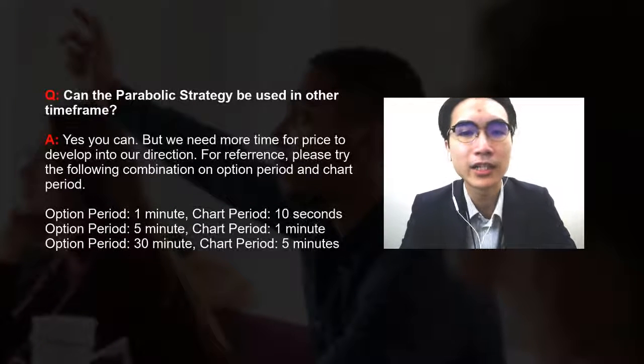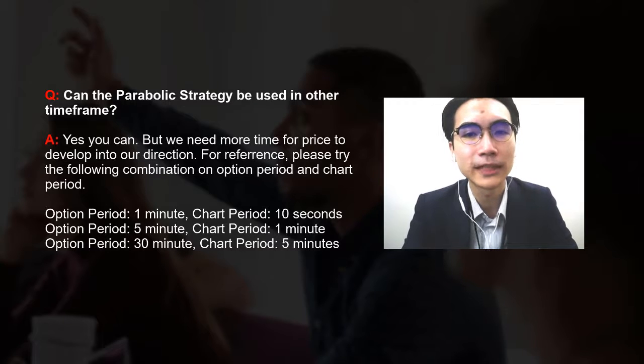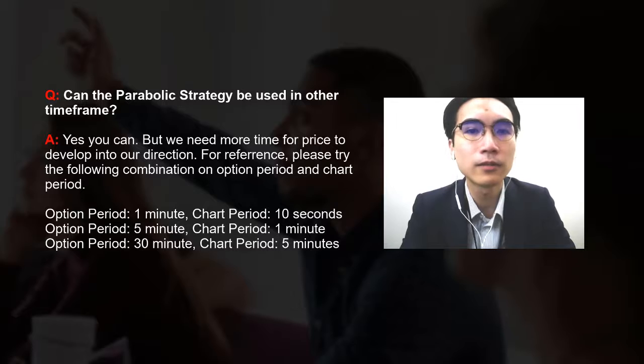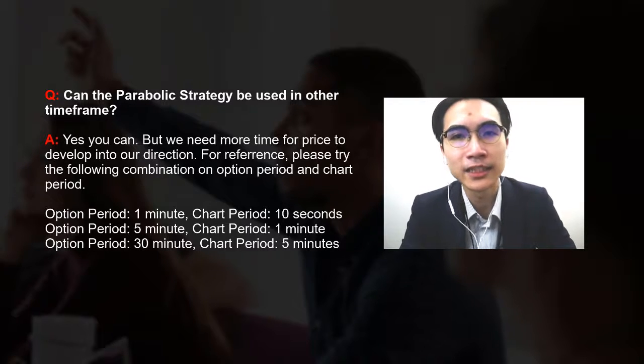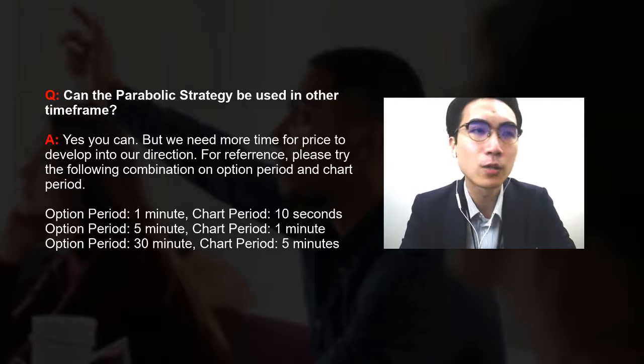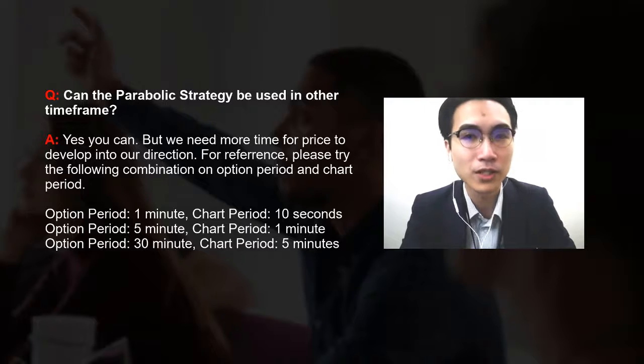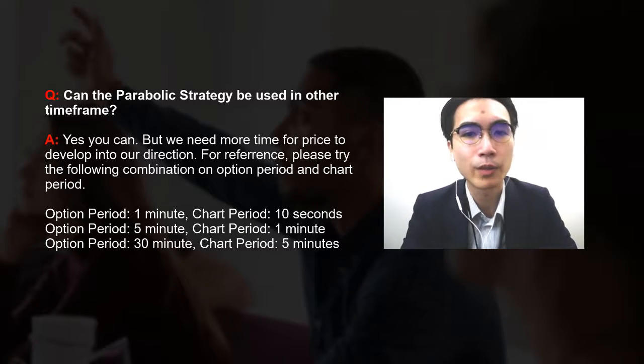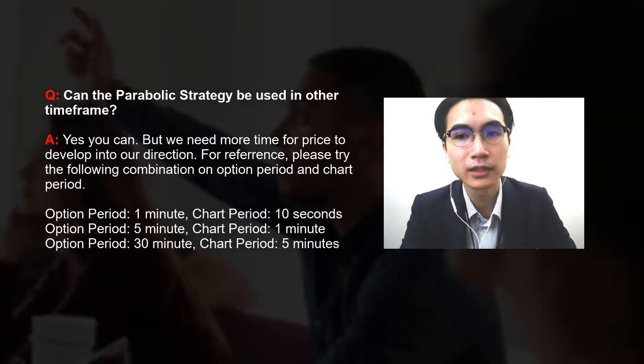The question I have here is, can the parabolic strategy be used for other time frames? Yes, you can, but for this strategy you need more time for the price to develop in our direction. So if you want to trade with other time frames, I would suggest you trade a 5 minutes option by using the 1 minute chart period, so you get more time for the price to develop.